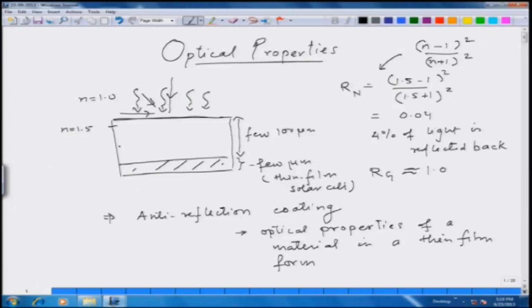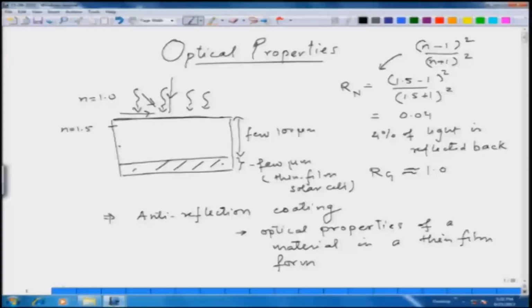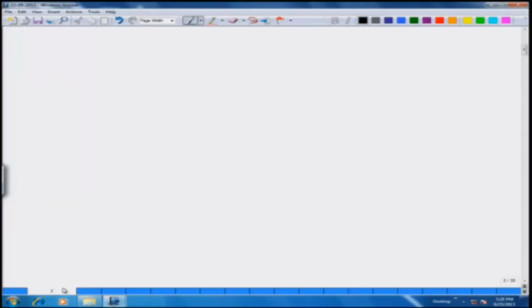We want to figure out how reflectance and transmission, these are the two things we will discuss, and you can even worry about absorbance in some cases, will change when your material is in thin film form. Thin film form means that the material in one dimension is very, very small, while the other two dimensions might be all right. So, now when we have this situation, how would the material respond to the light? That is what we are going to start looking at today.